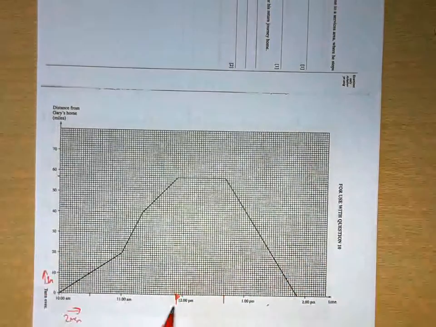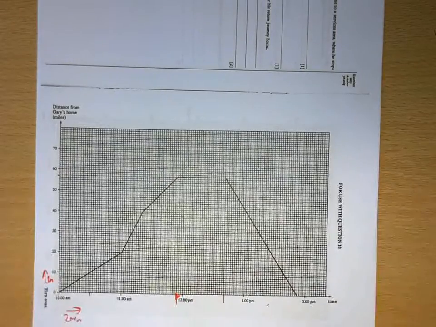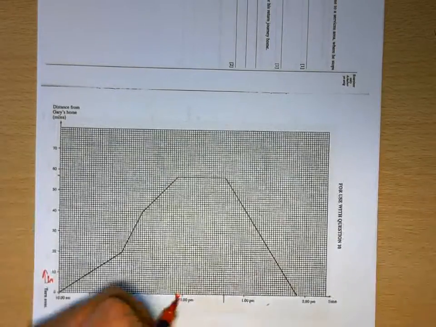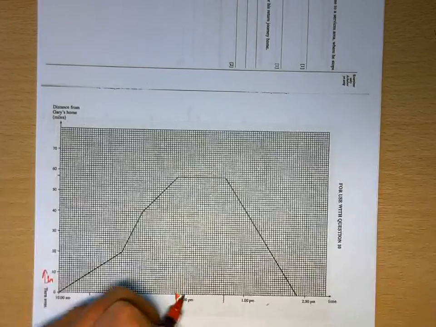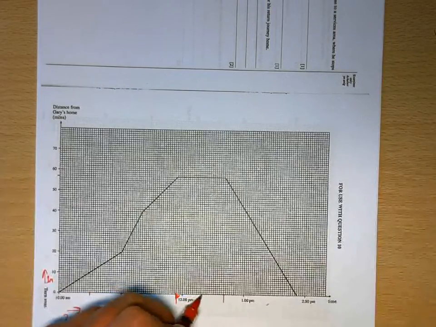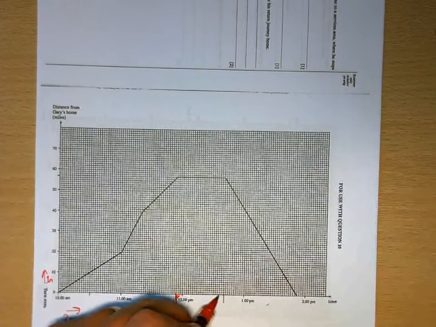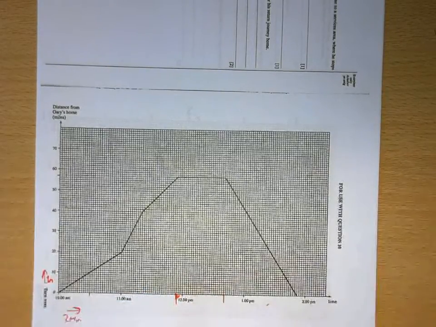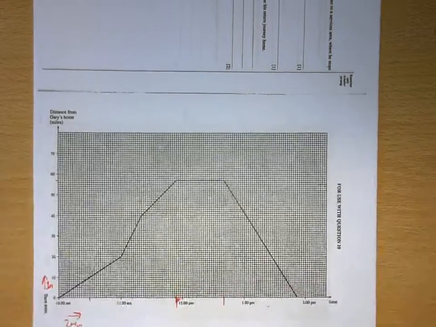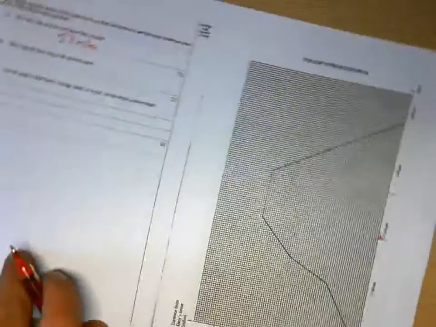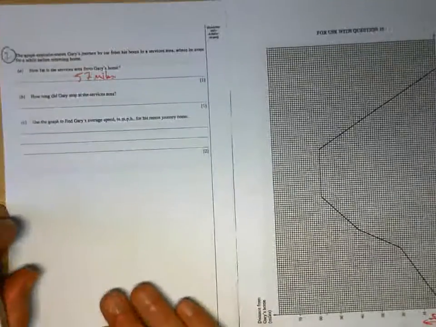So that's the amount of time, and we know that each one of those squares is 2 minutes. So 1, 2, 3, 4, 5, 6, 7, 8, 9, 10, 13, 14, 15, 16, 17, 18, 19, 20, 21, 22, 23 little squares. 23 lots of 2 minutes is 46 minutes.